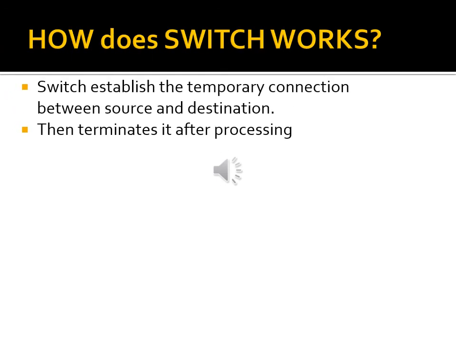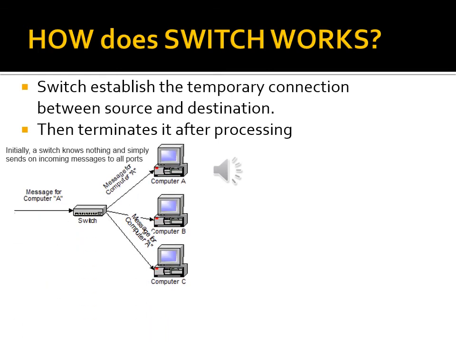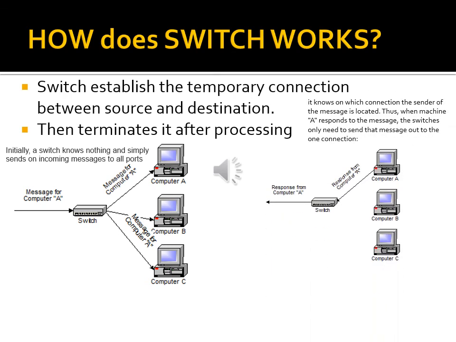How does a switch work? A switch establishes temporary connections between source and destination. After the process is over, the connection is terminated. See the picture: computers are connected to the switch, and a message has come for computer A. First, the switch passes the message to all the ports, and then identifies where the destination of the message is located.